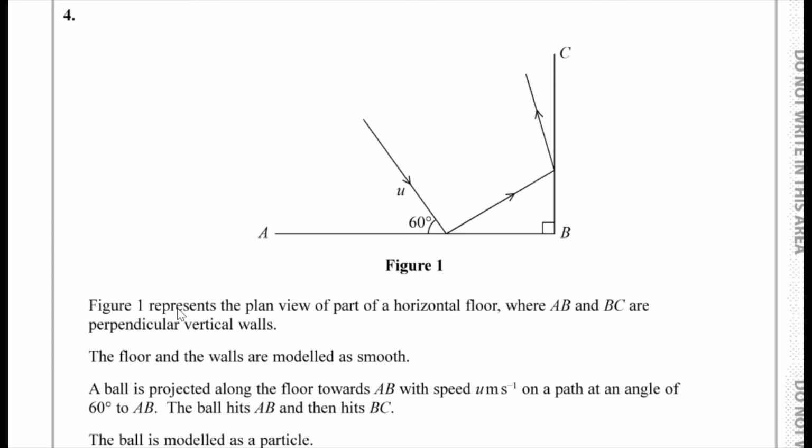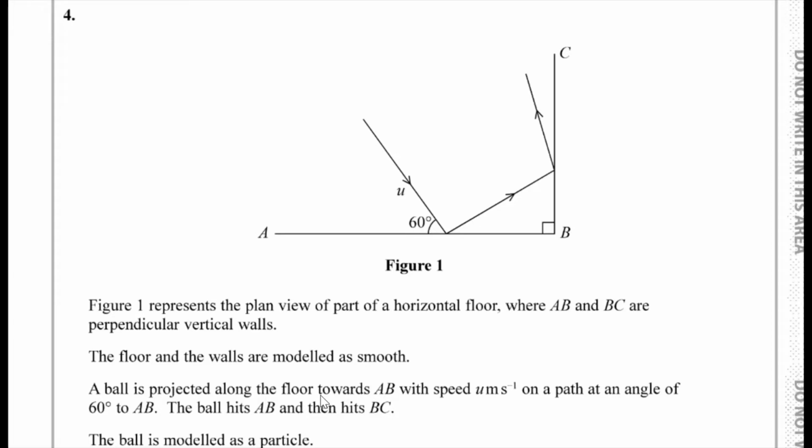Question 4. Figure 1 over here represents the plan view of part of a horizontal floor where AB and BC are perpendicular vertical walls. The floor and the walls are modelled as smooth, so there's no friction. The ball is projected along the floor towards AB with speed u meters per second on a path at an angle of 60 degrees to AB. The ball hits AB and then hits BC.